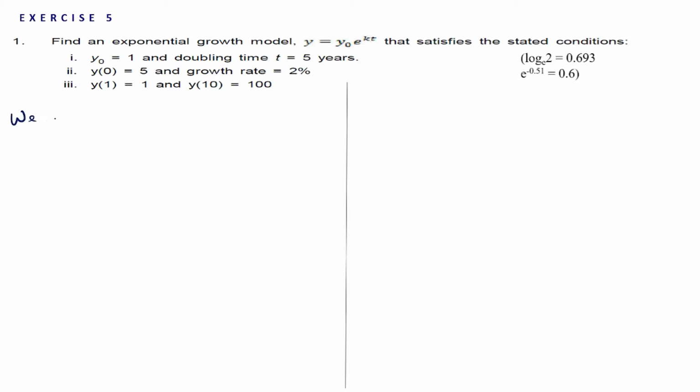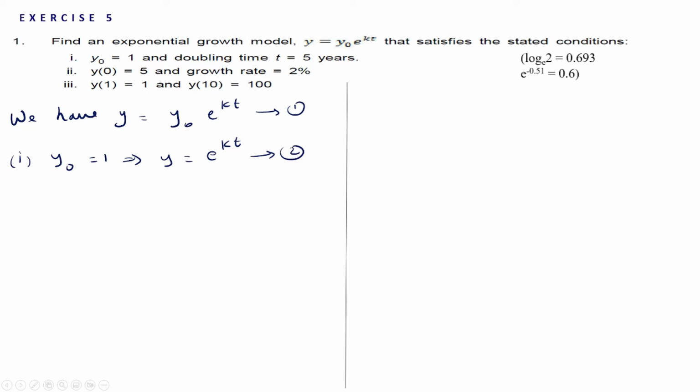First let us write the model. We have y equal to y naught into e raised to kt. The first subdivision y naught equal to 1 implies y is equal to e raised to kt. So this is the model and it is given doubling time t equal to 5 years.